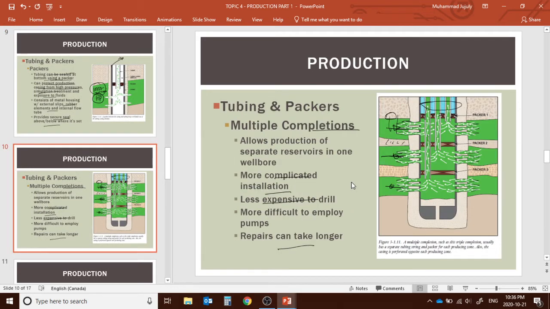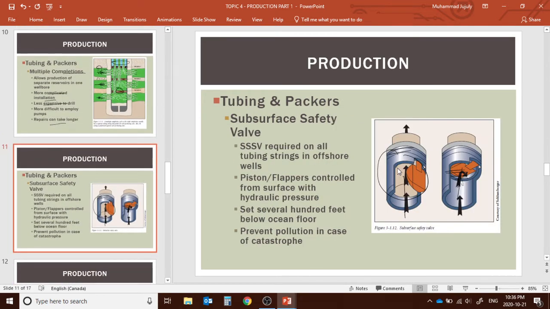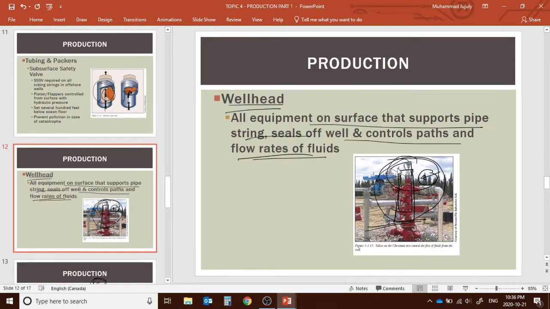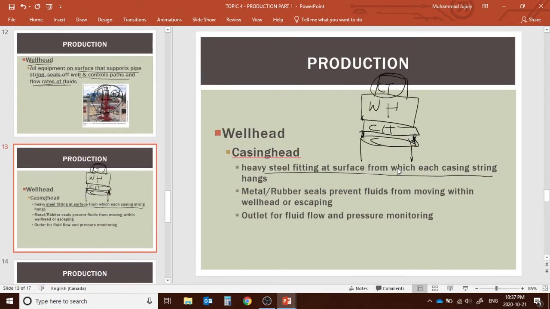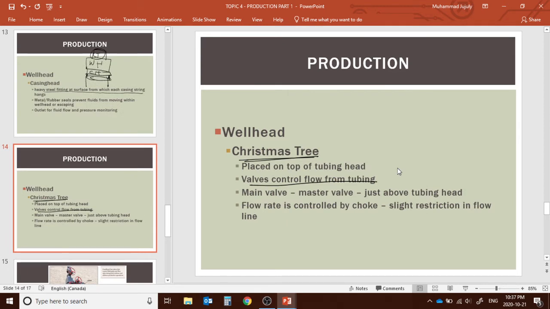Now, if all of your safety features failed, for instance, the packer didn't work, this valve failed, then what you have to do, how you can actually prevent the blowout, that would actually be done by the Christmas tree. So this is a stack of valves. It has the main master valve just above the tube head, and the flow rate would be controlled by the choke, the restriction of the flow line.